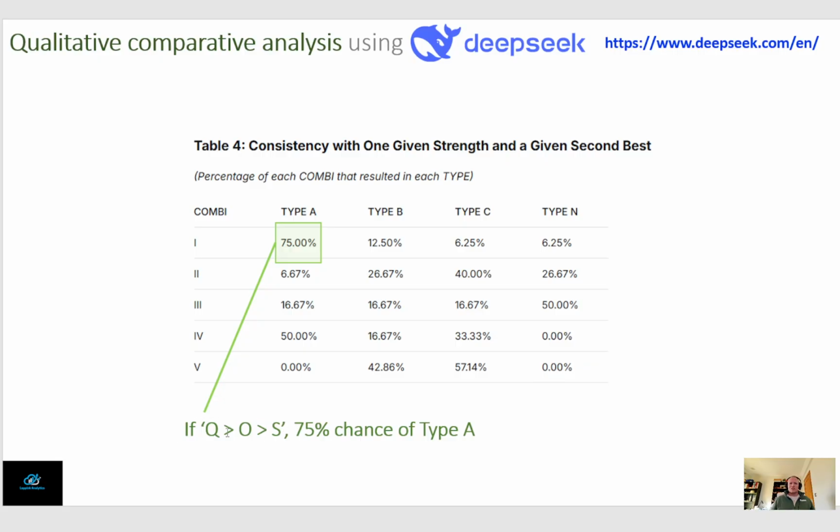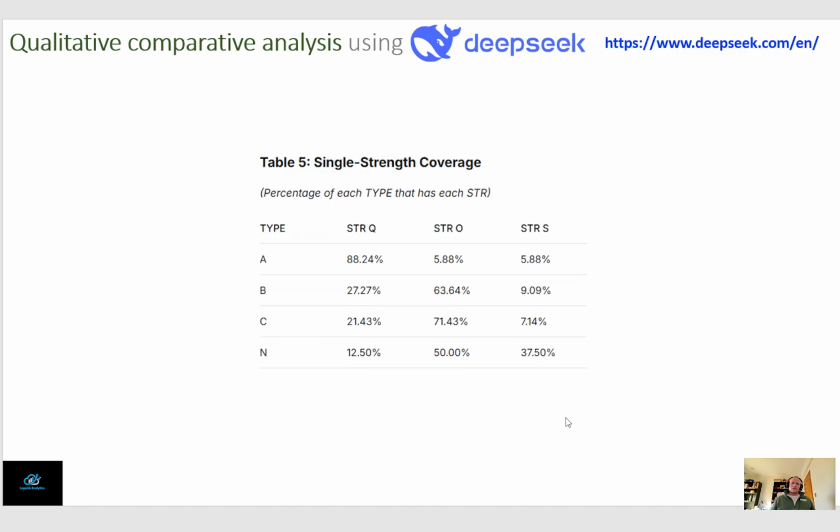So there are 16 sales reps of this combination, and 12 of those have type A. So given this combination, there is a 75% chance that type A is sold. And the other 25% is divided over B, C, and nothing. So again, it seems that questioning could be fairly interesting, right? In any case, it's the best number in this table.